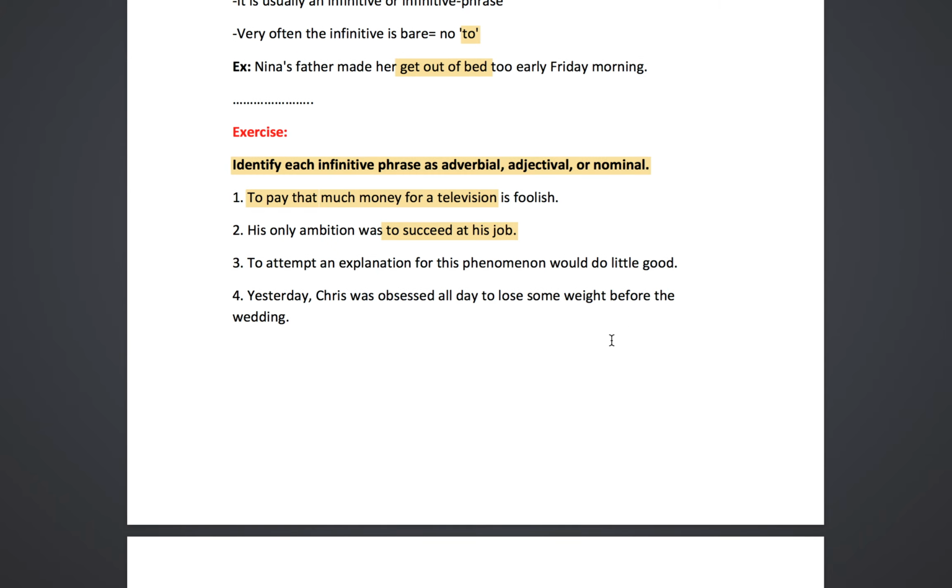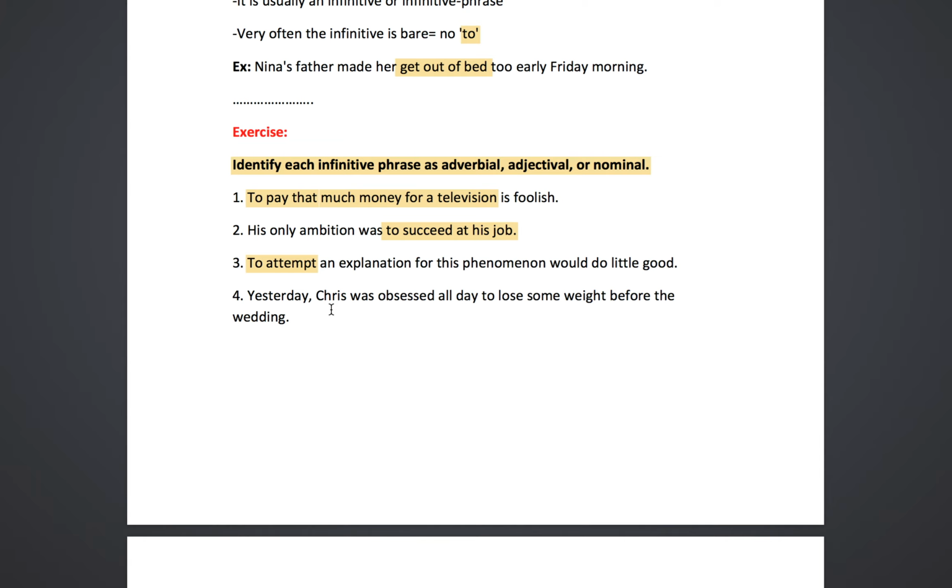That means it could also be a subject complement, object complement, subject, or object, which are all functioning as a nominal in a sentence. The third one: to attempt an explanation for this phenomenon would do little good. "To attempt" here, as in the first one, is the subject of a sentence.